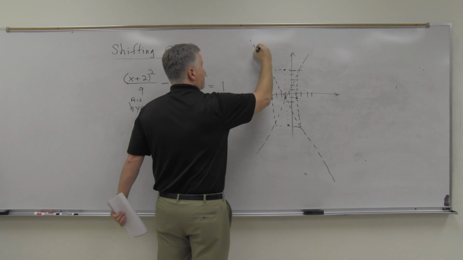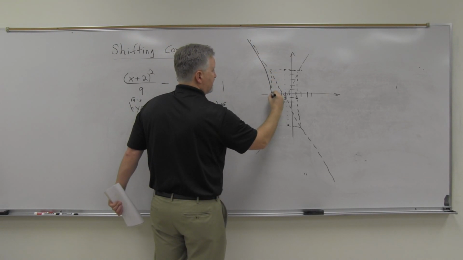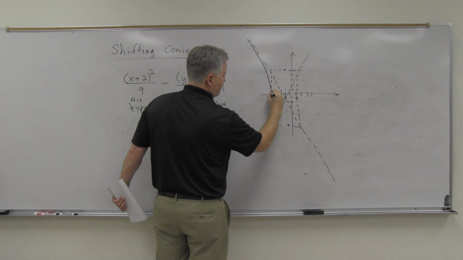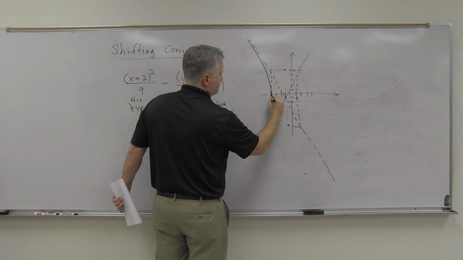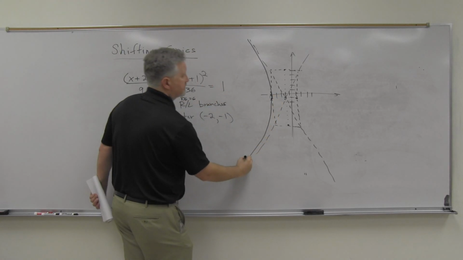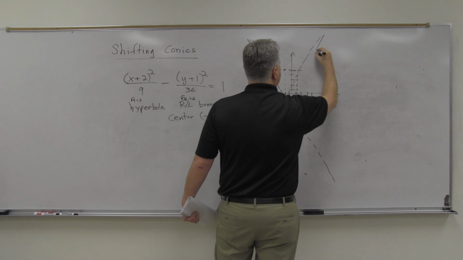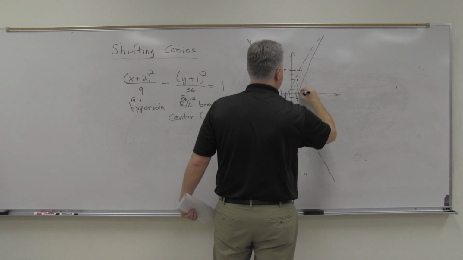So it kind of comes in like this, and then it hits this point right here. That's going to be a vertex, and then it goes out similarly on the other side, and then the right one does the same thing. Hit this as your vertex right there.